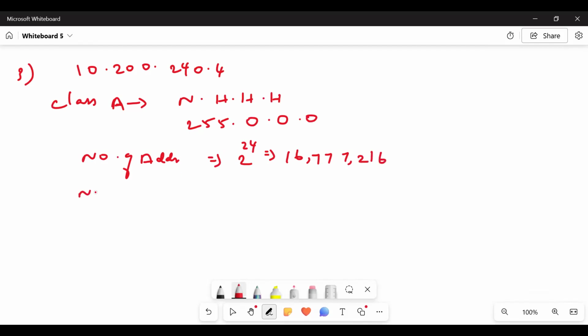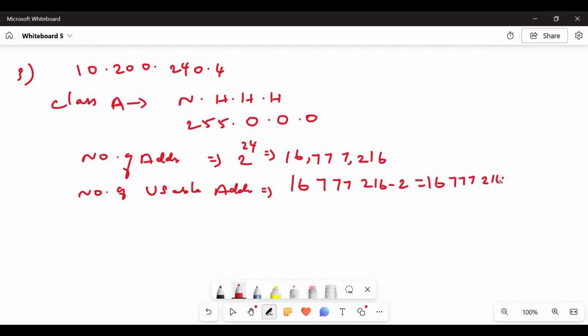Now to find the number of usable addresses, it is the total number of addresses minus 2. So 16,777,216 minus 2, which accounts for the network address and the broadcast address.